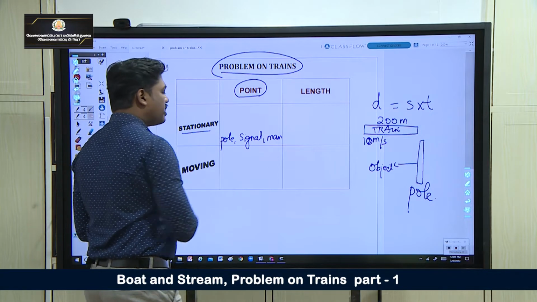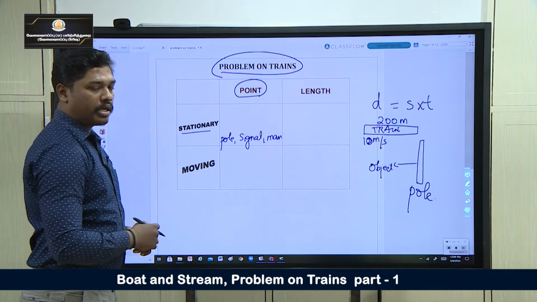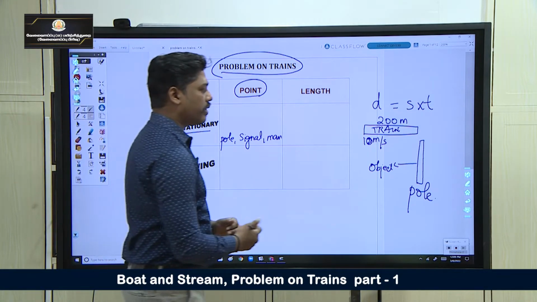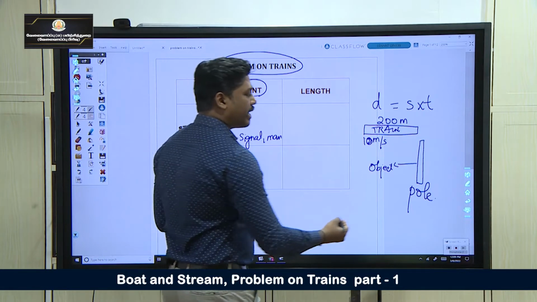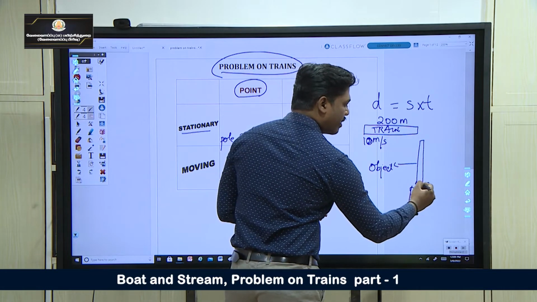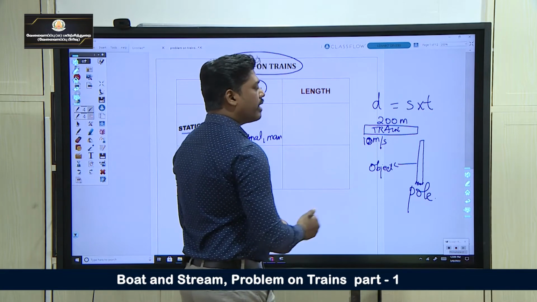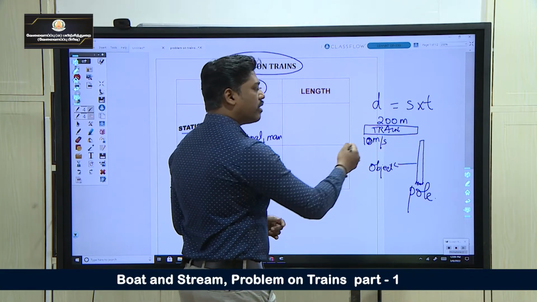Stationary means it is a fixed point. It will not move here. So for stationary point I can tell a pole. A pole is fixed here. So in how many seconds will the train cross the pole?